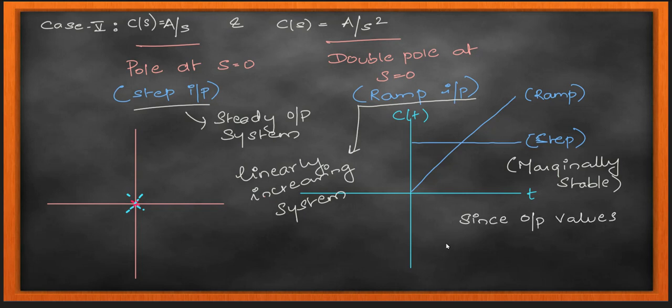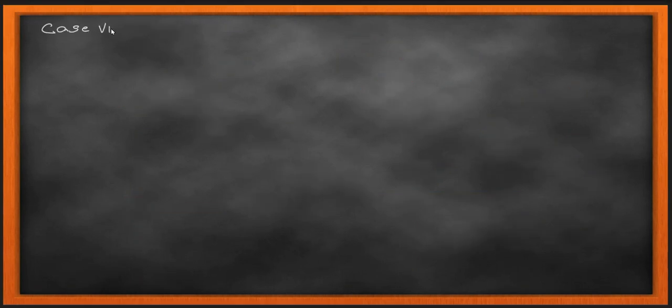Then what happens? Your signal can extend from 0 to infinity. So that makes it your unstable system. So I would call this case 5 marginally stable, partially stable, or both stable and unstable. In different books, they have given it in different manner, but we have to see that it is a bit of both.